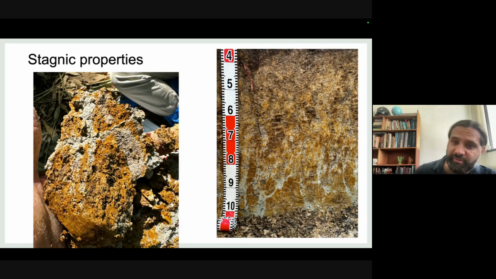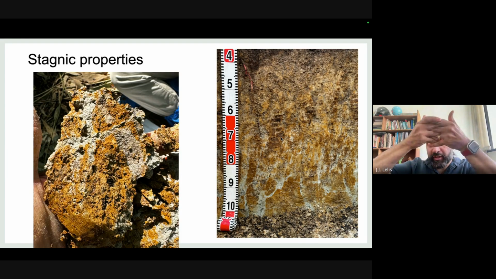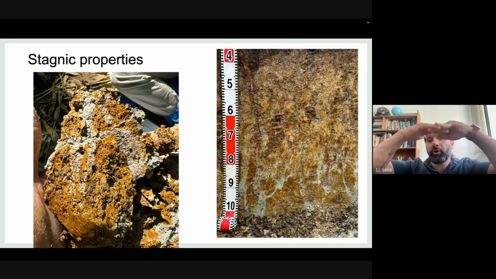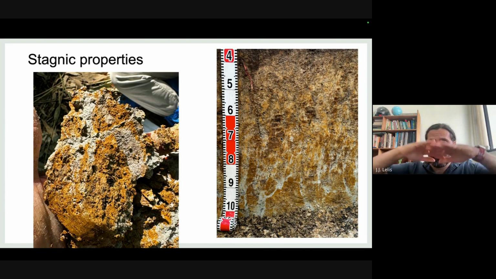So it's the opposite. In the gleyic properties, the water comes from the bottom and reaches a section, reducing all that section, all that layer, all that horizon, and you have a dominance of grayish colors with some red or black dots. In the stagnic properties it is the opposite.